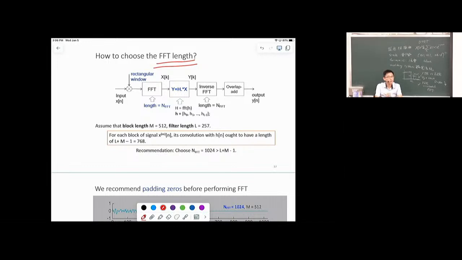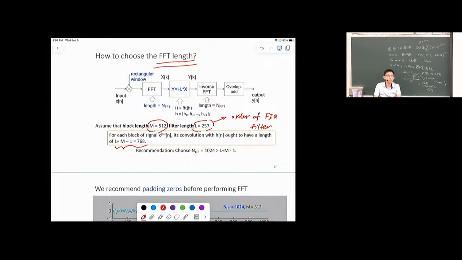Let's say, for example, the block length is m, and the filter length, the order of your FIR filter, turns out to be L. So the recommendation is that you need to choose an FFT length that's at least L plus m minus 1. Please be aware of this.